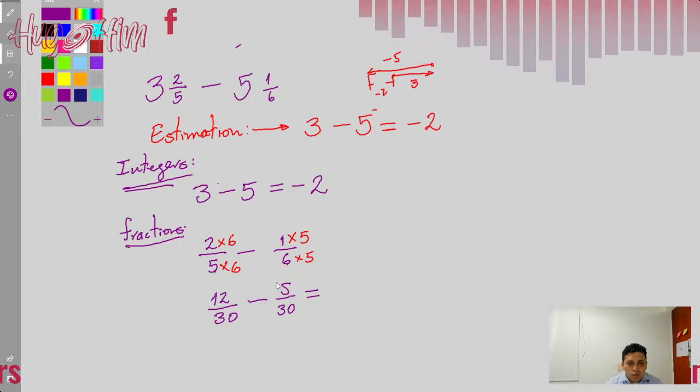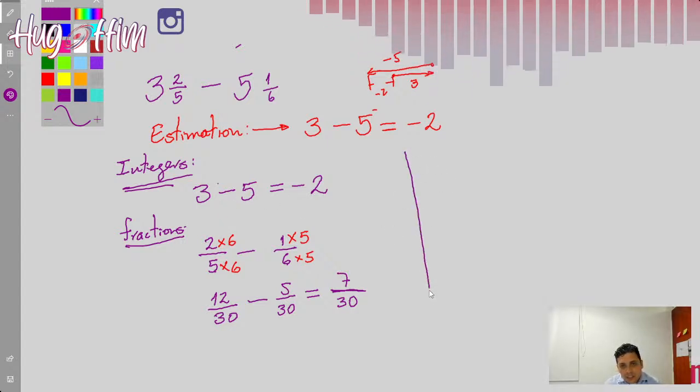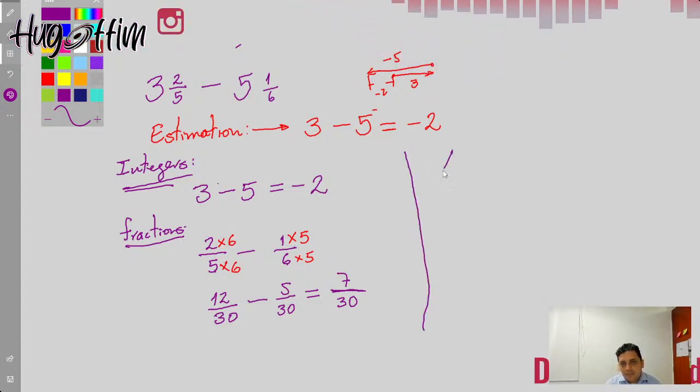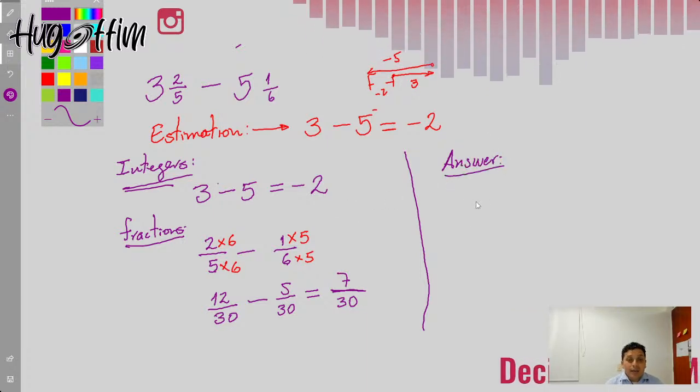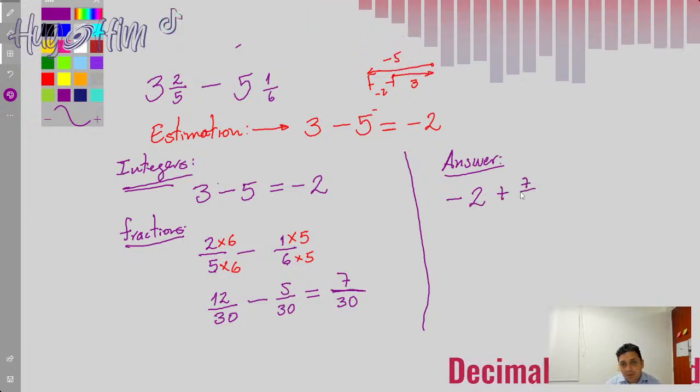So it's going to give me 12 minus 5, that is going to be 7/30. Okay? And now, if I want to reach my answer as a mixed number, my answer will be -2 plus, because it becomes positive, plus 7/30.